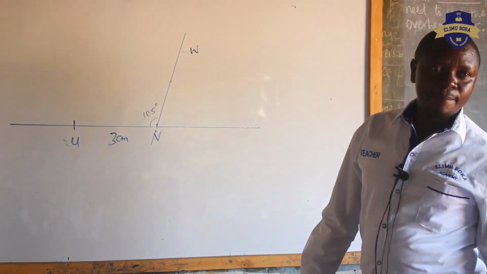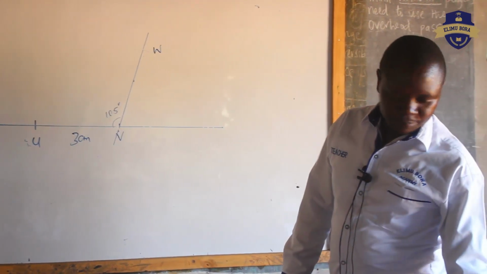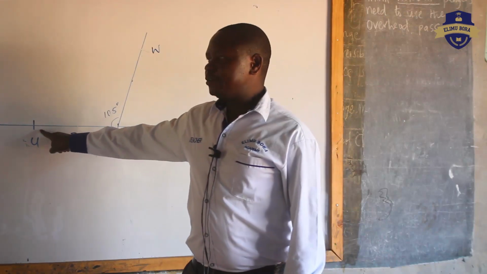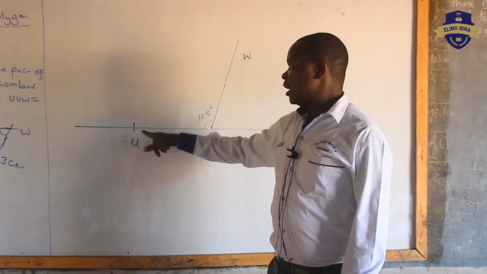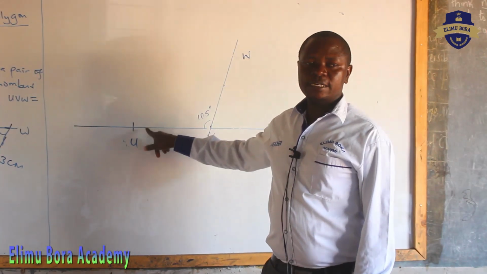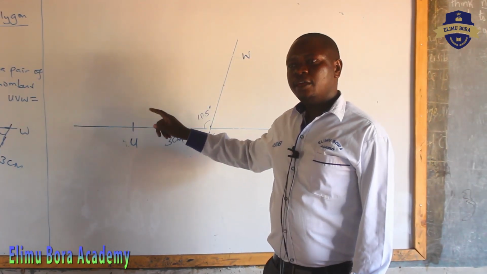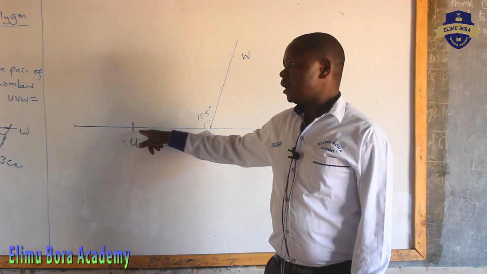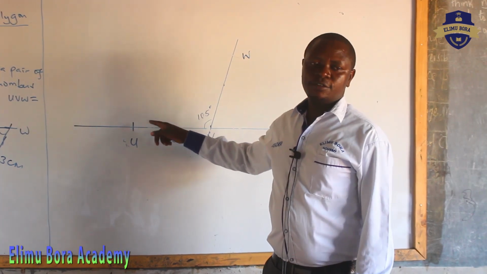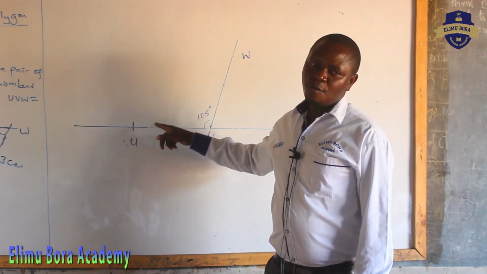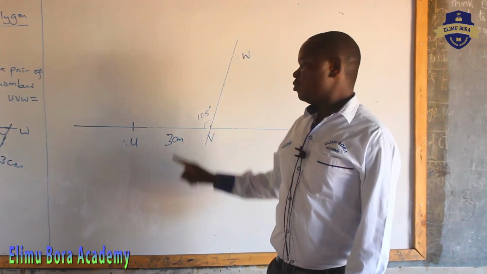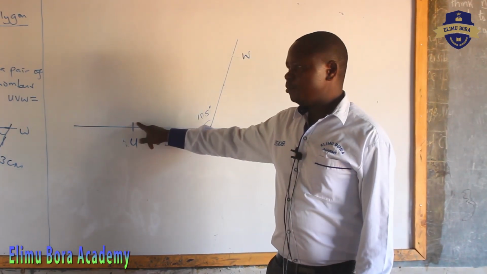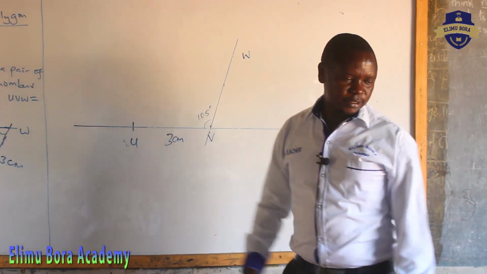Kwa pamoja. Next step, we need to get the angle at point U. And I gave you a hint that to get the angle at point U, tumesema that the base interior angles of a quadrilateral should add up to 180 degrees. So you take 180 minus 105, so here it should be 75 degrees.